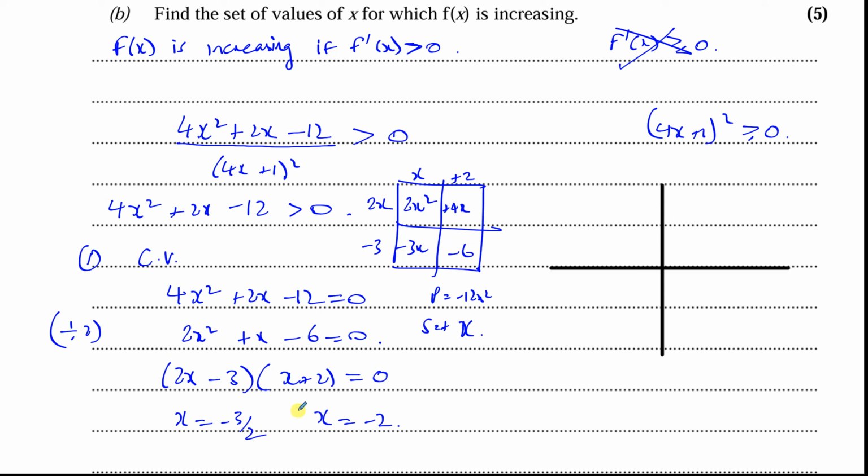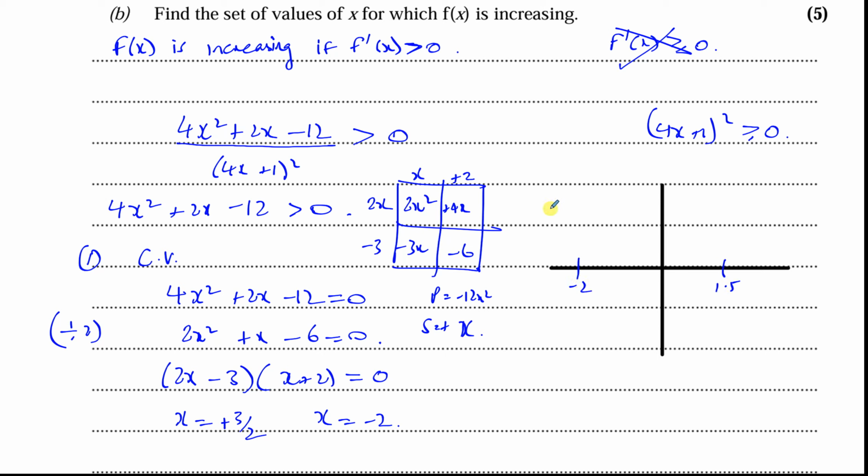When you draw this, we know that it crosses the x-axis at −2 and at +1.5. My bad, so that's −2 here and 1.5 there.